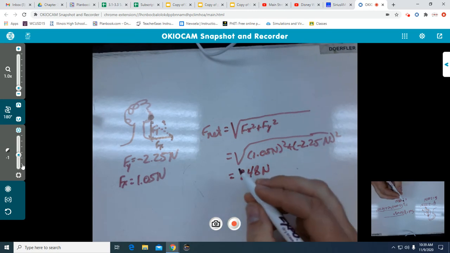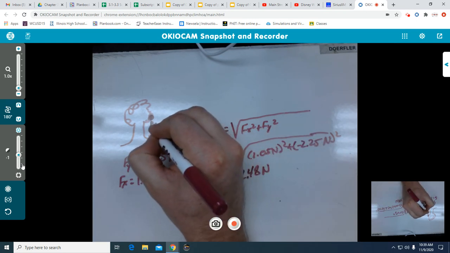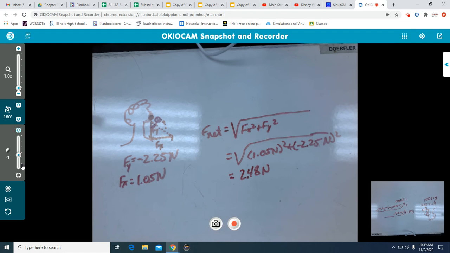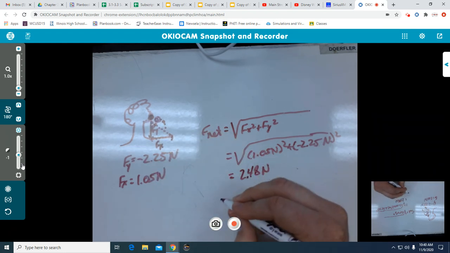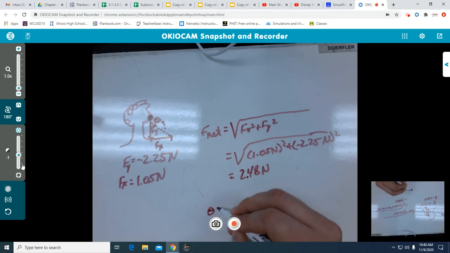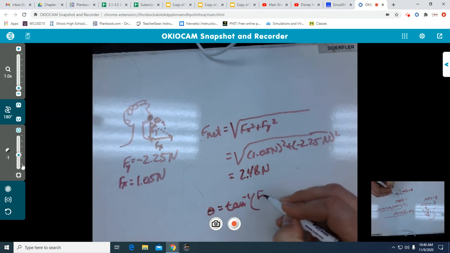But we also were told to find the direction. So where our apple is located, we're going to use that as our theta. Right here's our theta. To find theta, we take the inverse tangent of Fx over Fy.